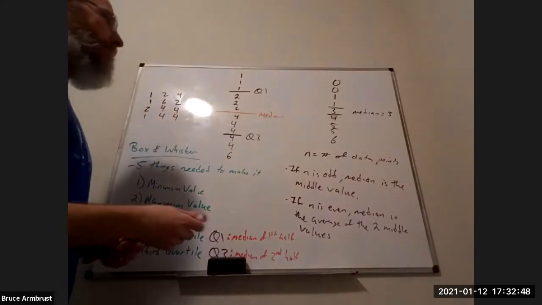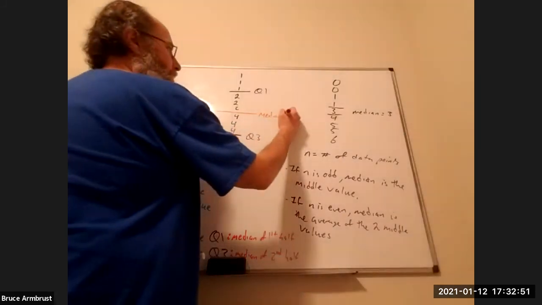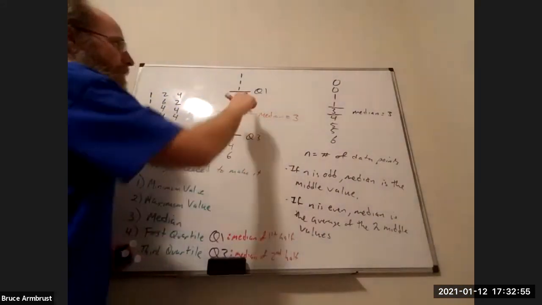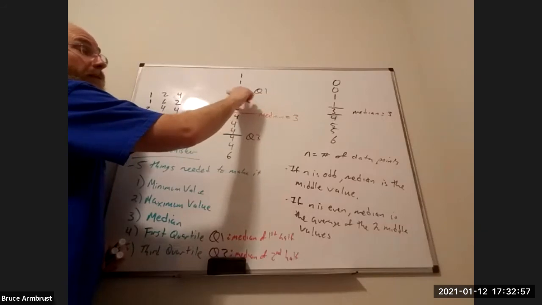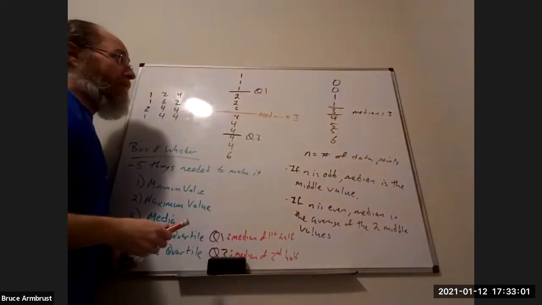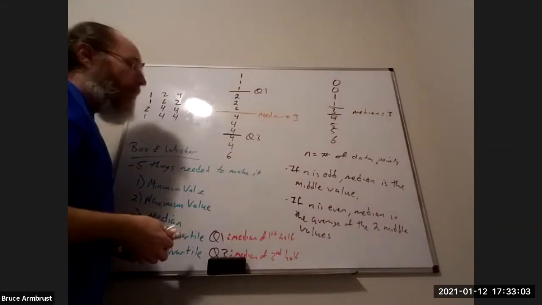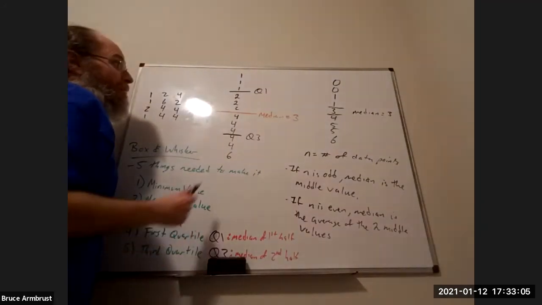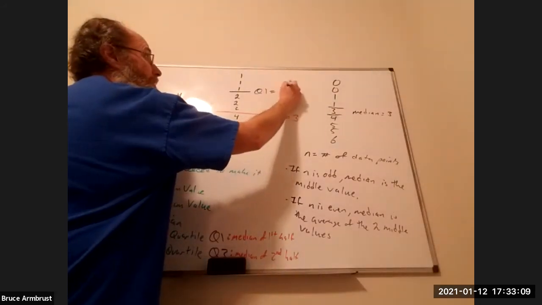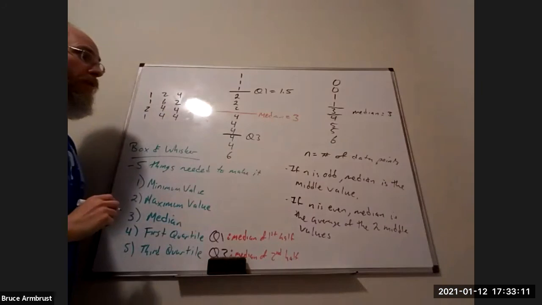Okay, well, let's get the numbers here. We saw that the median was equal to 3 because it was the average of those 2. So let's go to Q1. Same thing happened. The first quartile landed in between two numbers, so we have to take their average. If we average 1 and 2, 1 plus 2 is 3, divided by 2 is 1.5. So the first quartile is 1.5.